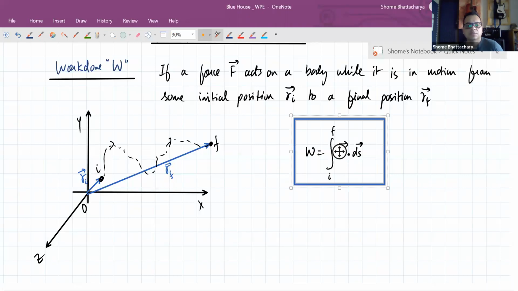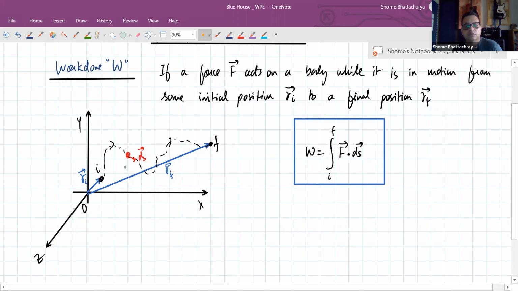During this motion of the particle, a very small part of the displacement is here to here. This is called a differential displacement, ds, and during that very small displacement the force acting on that body was F. Then F dot ds is the dot product of force and the small displacement ds. That quantity has to be integrated from the initial position to the final position, so we have these limits.